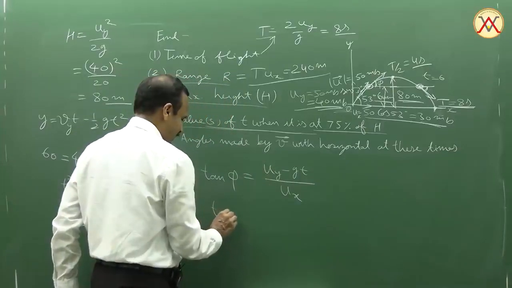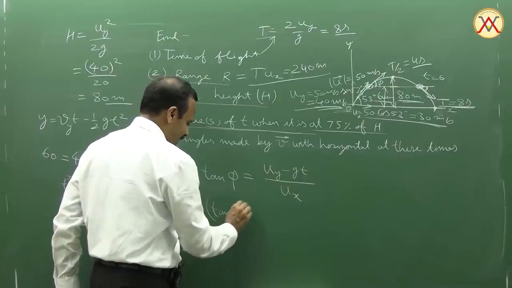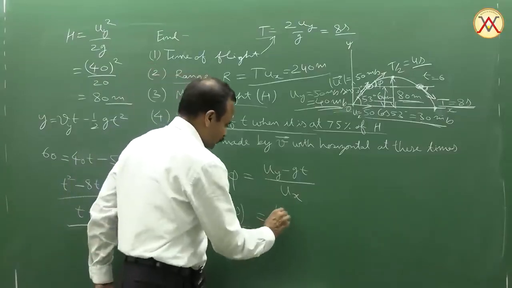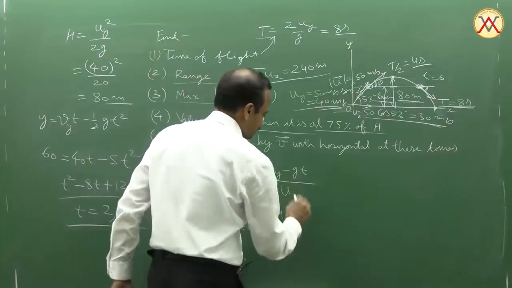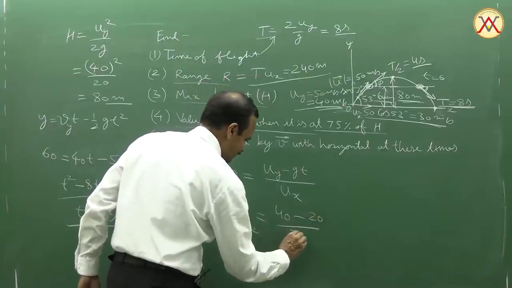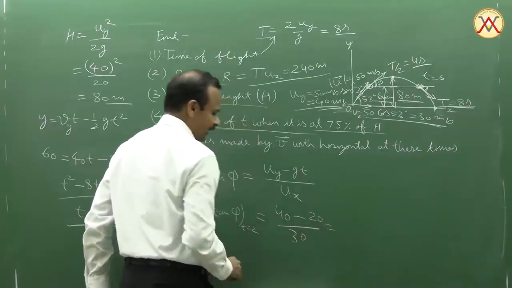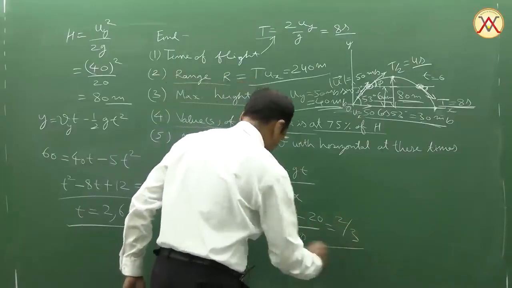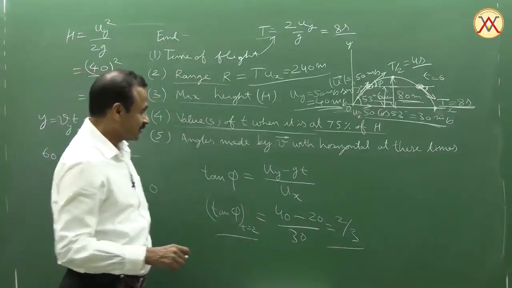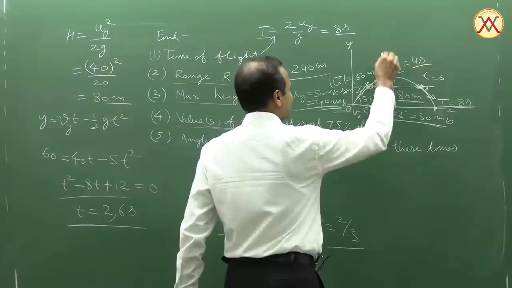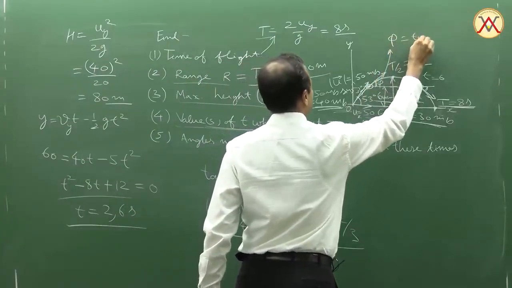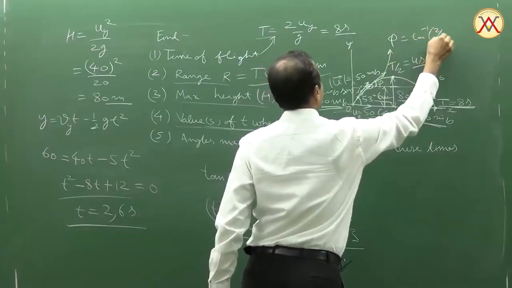Tan phi at t equal to 2 seconds: uy is 40, minus gt is 20, divided by ux, which is 30. So I get 2 by 3 for tan phi at 2 seconds. So this angle phi here is tan inverse of 2 by 3.